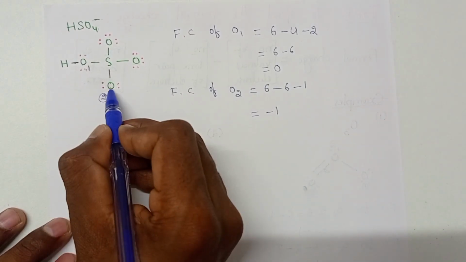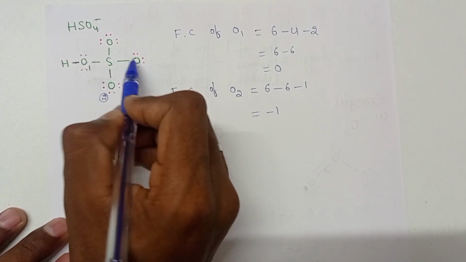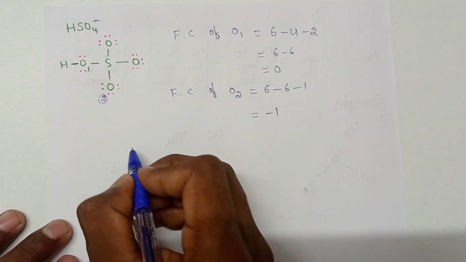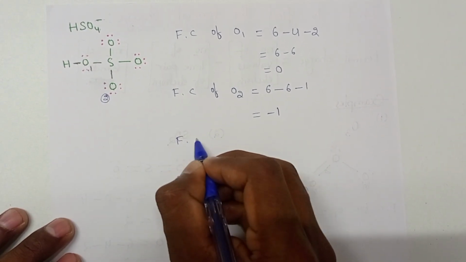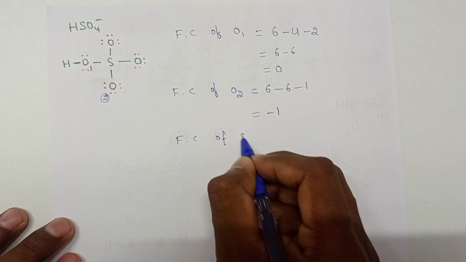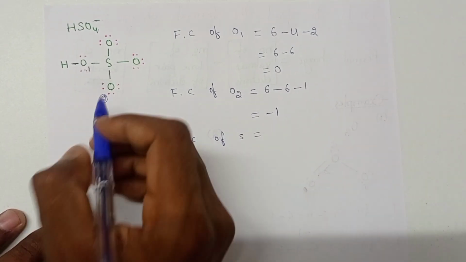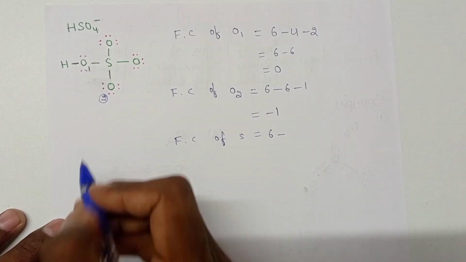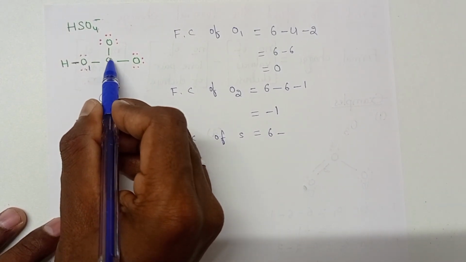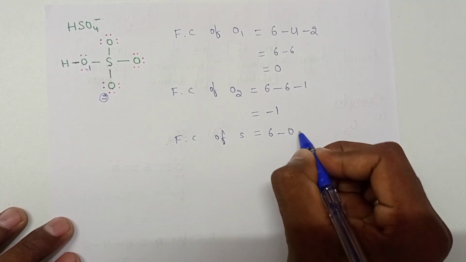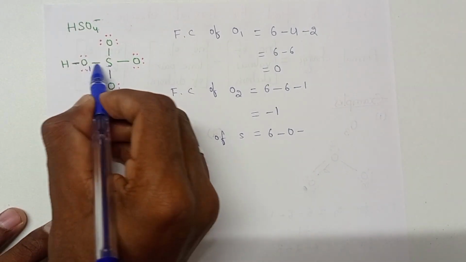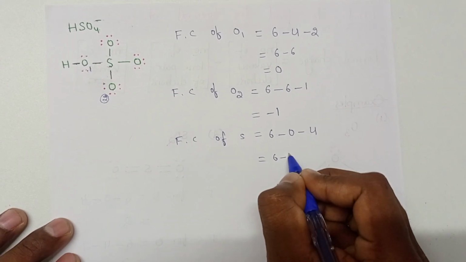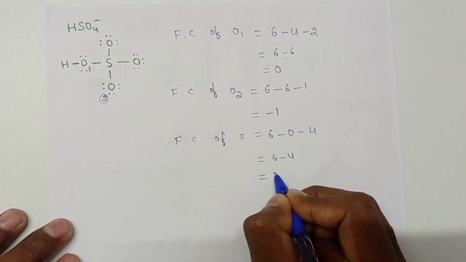Therefore the formal charge of this oxygen and this oxygen is minus 1. Similarly, the formal charge of sulfur: the valence electrons of sulfur are 6, minus number of lone pairs on sulfur, 0, minus number of bonds, 1, 2, 3, 4. Therefore 6 minus 4 is equal to 2.